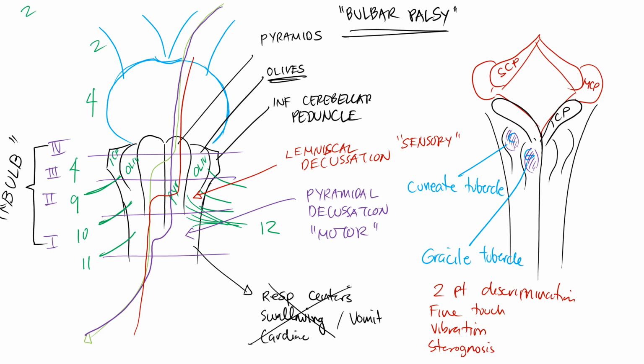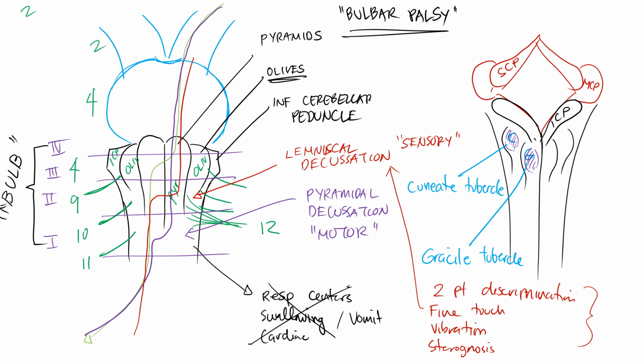If you have coins, just by touching the coins, checking their size and shape, you would probably know how much money you have there. If you have a 5 peso coin or a 10 peso coin there, those are your fine senses, and that's being carried by your fibers, your dorsal column fibers, and they cross at the lemniscal decussation.